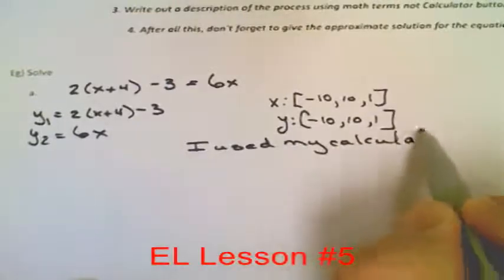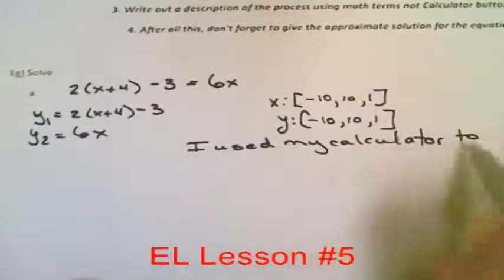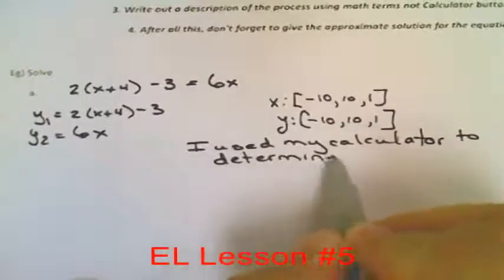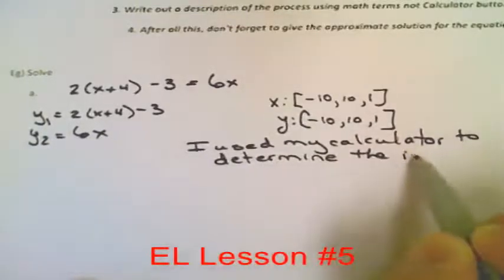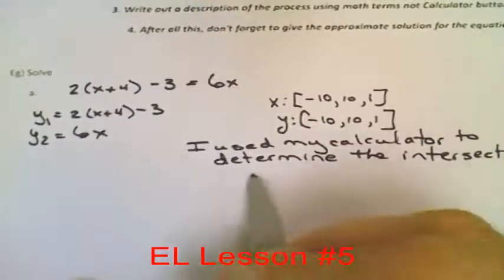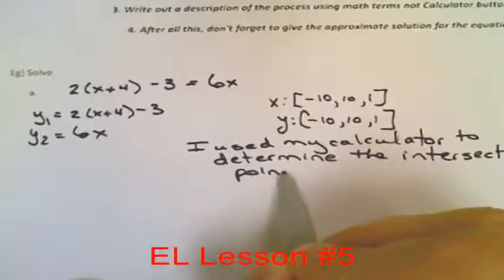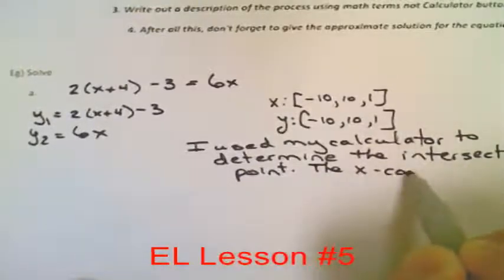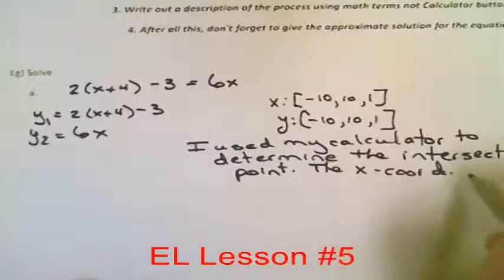Next, I have a description, and my description is what I said. I used my calculator to determine the intersection point. That's a math term, and that's what I'm finding. So you need that. Intersection point.